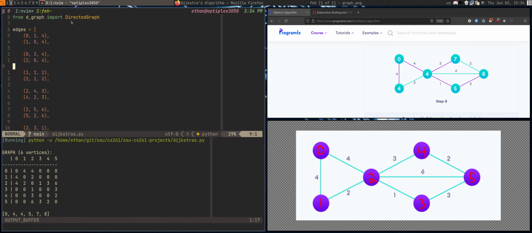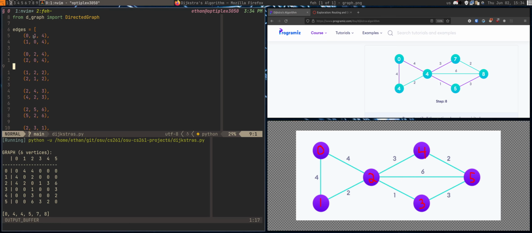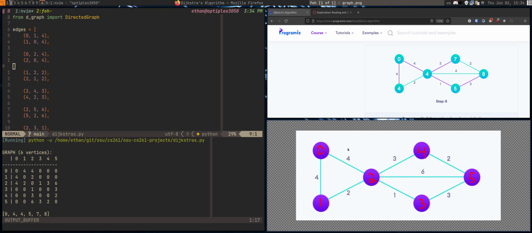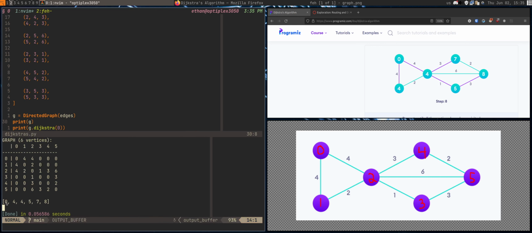Because it's a directed graph, I'm pretending it's undirected by just adding 2 edges between each vertex. So here are the vertex names 0, 1, 2, 3, 4, 5. So between 0 and 1, I have a weight of 4, and 1 and 0, I have a weight of 4, etc. Finally, I'm actually going to run Dijkstra's algorithm from a source vertex of 0, and this is going to return an array where each index in our adjacency matrix has the weight from the source to that vertex.